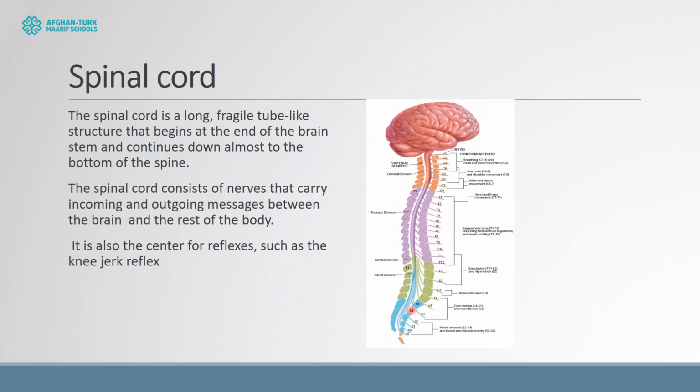The spinal cord carries information between the brain and the whole body. It means this is the connector of the whole body with the brain, and it is also the center of some reflexes, for example the knee movement.